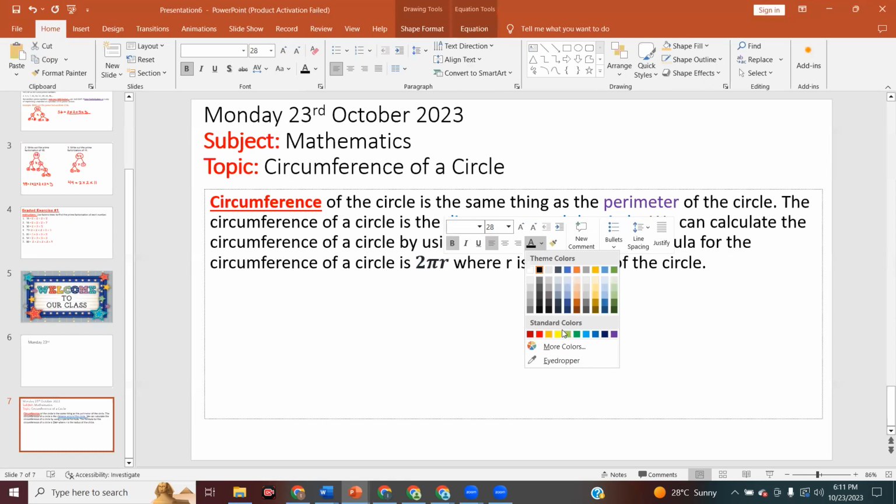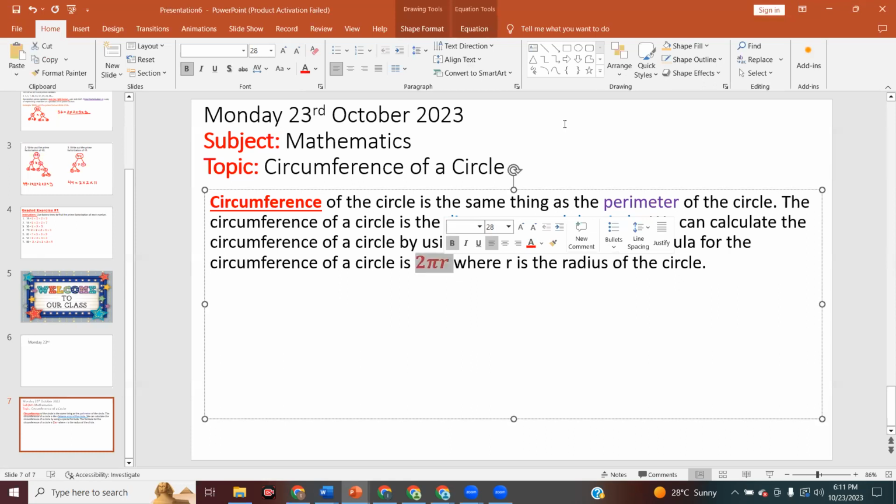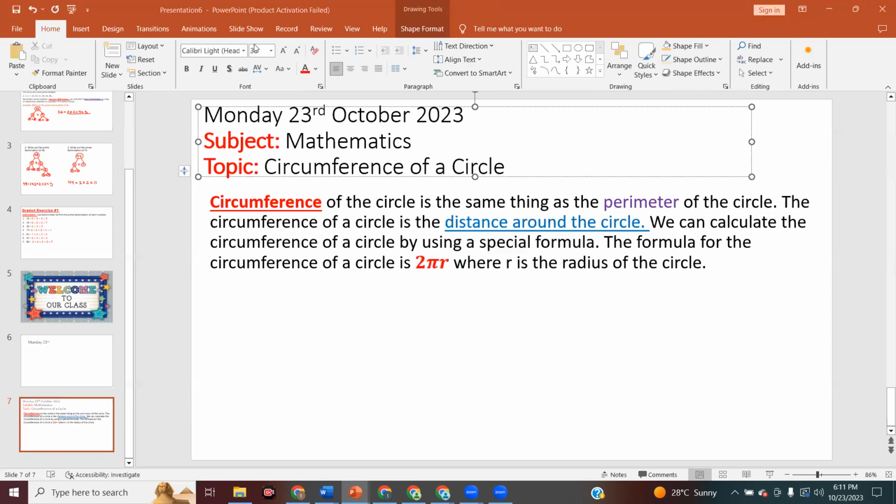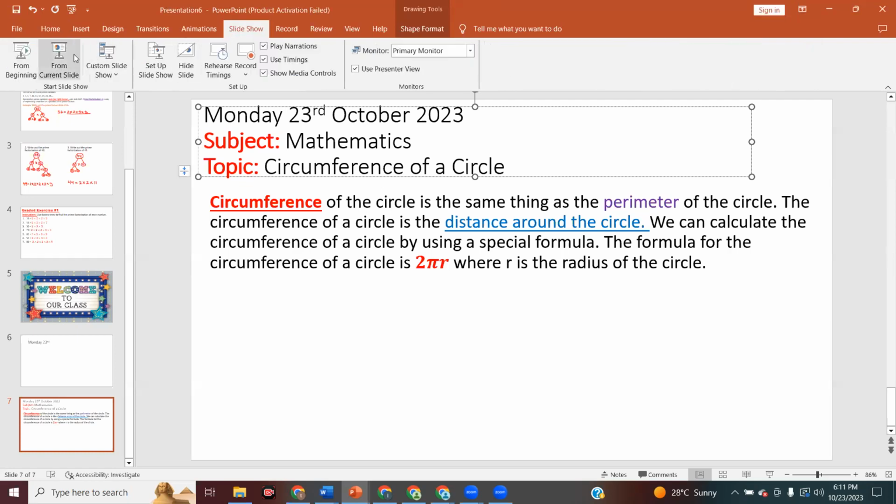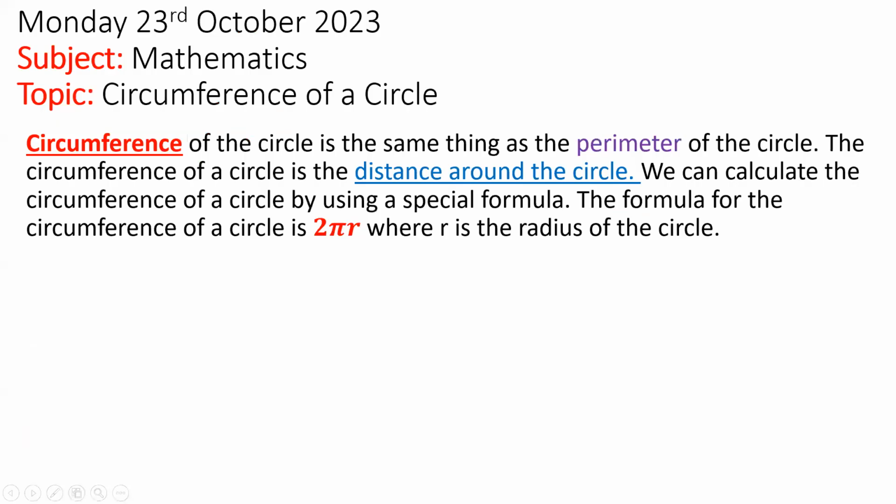Now, some people may not know what pi is, right? When we say pi, we do not mean like a pie, an actual pie that you eat. Pi is actually equal to the symbol, that's the symbol for pi.